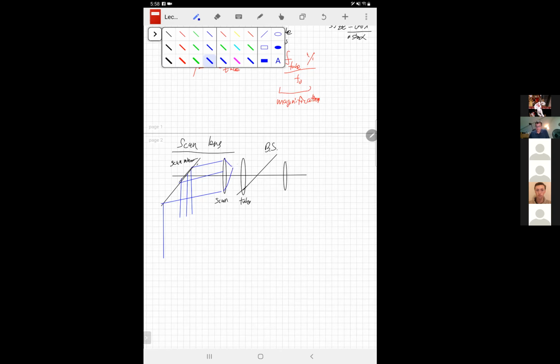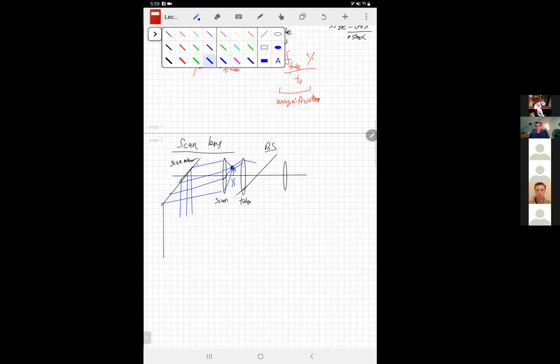So it goes here and y1. All right, so all of these things are coming through. They all get focused to a point.